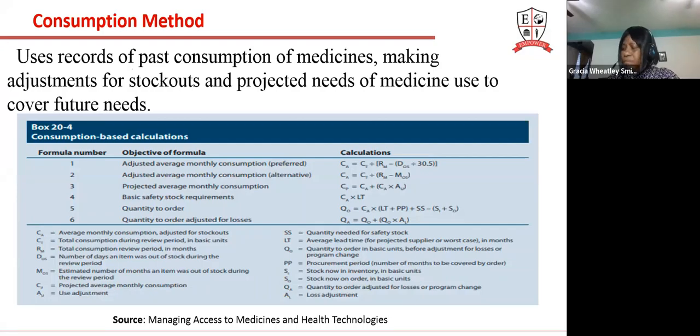So the consumption method uses records of past consumption, making adjustments for stockouts and the projected needs of medicine use to cover future needs. As you can see, taken from management access to medicines and health technologies, this is what the formulations for doing consumption methods look like.